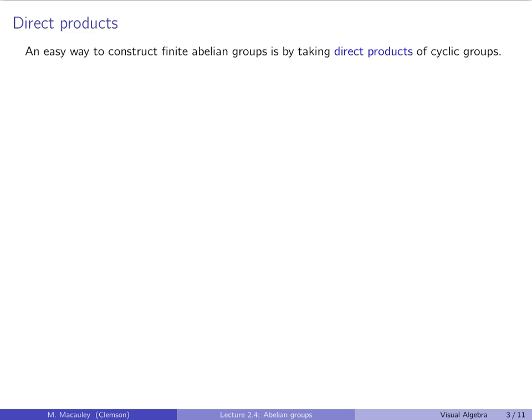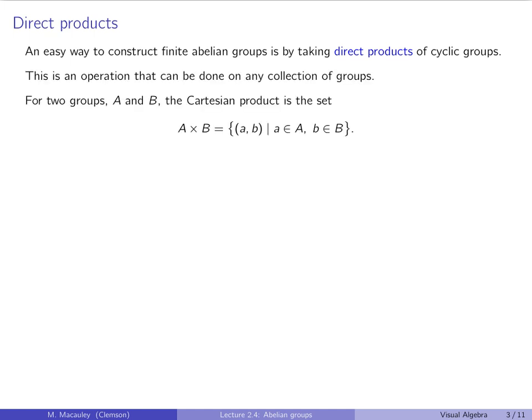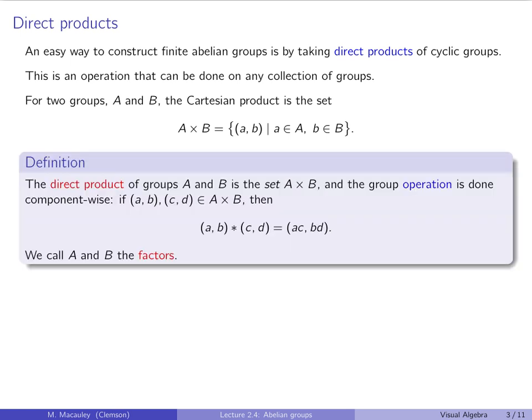An easy way to construct finite abelian groups is by taking direct products of cyclic groups. For two groups, A and B, or two sets, the Cartesian product is just the set of ordered pairs of things in A with things in B. The direct product of groups A and B is defined on the underlying set A cross B, and the group operation is done component-wise.